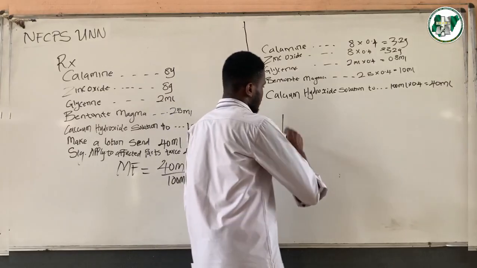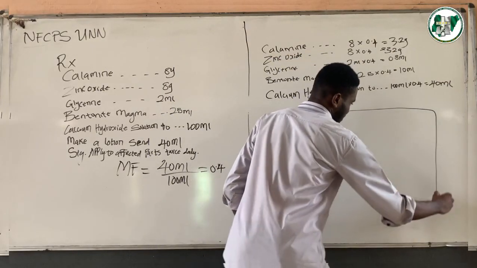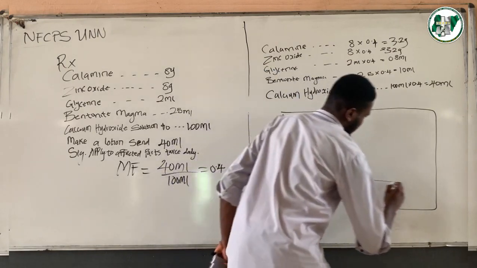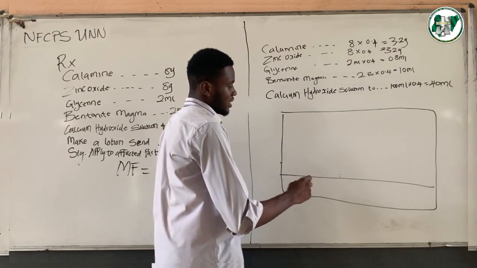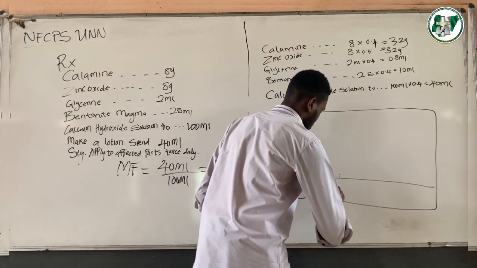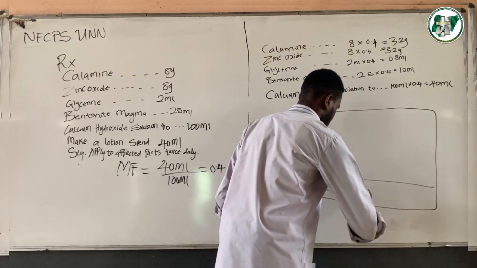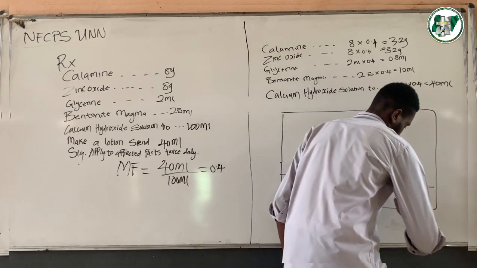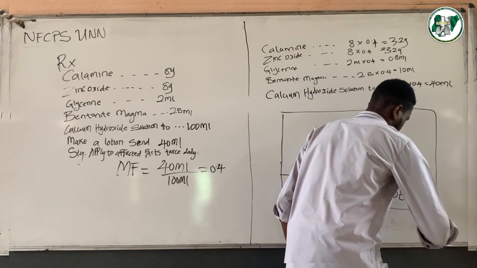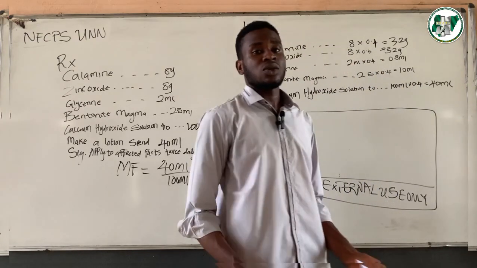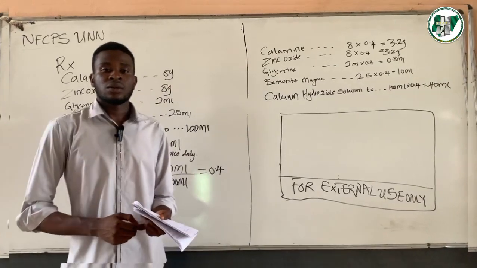I'm not going to write the entire label for you, but let me just write the auxiliary label. For the auxiliary label here, what you write is for external use only. With that, we are done with this question.